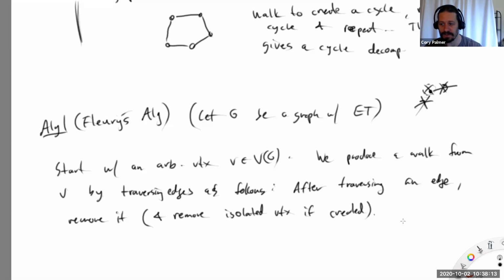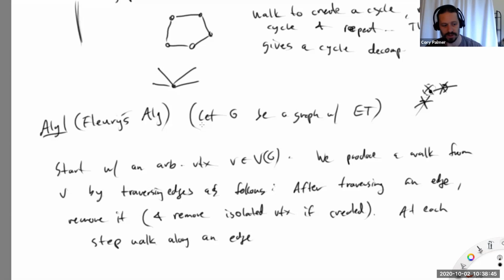And the only thing I have to take care of is at each step, walk along an edge. So when I'm at a vertex, I only have access to the edges that are incident to that vertex. It's a walk. But the only thing I want to avoid is this: I examine all these edges and check if one of them is a non-bridge, then walk on that. Always take a non-bridge in the graph that you have so far.